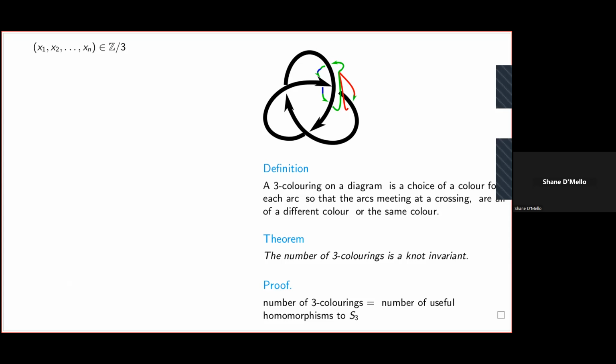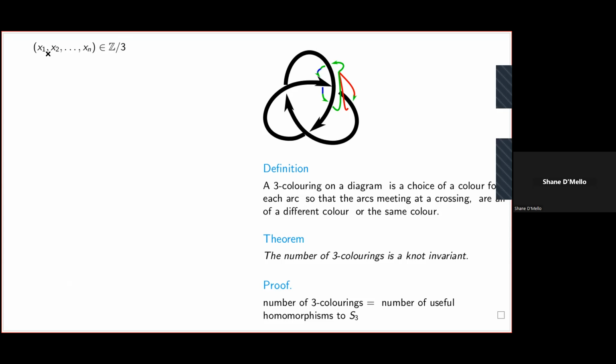Remember, Z mod 3 is a field. You can apply linear algebra, and you could give a linear algebraic criterion to this. Now, there's a typo over here. This is actually (Z mod 3)^n. This is a Cartesian product, so each component x1 up to xn belongs to Z mod 3. What are x1 up to xn? They are the arcs.